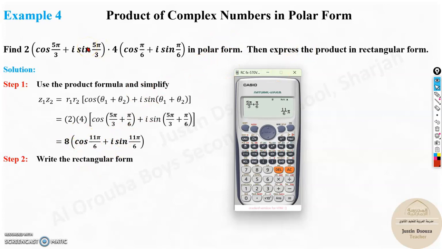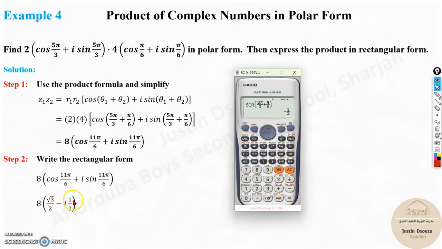We found the product, but it's not over in this case. You need to find the rectangular form. How do we do it? It's very simple. Just solve it. Use cos. We know the answer is simplified, but I've written the entire thing. What's the answer for cos? It's root 3 by 2. What about sine?